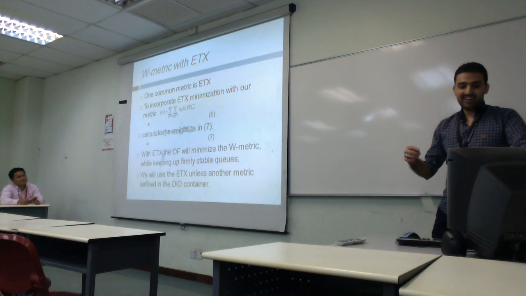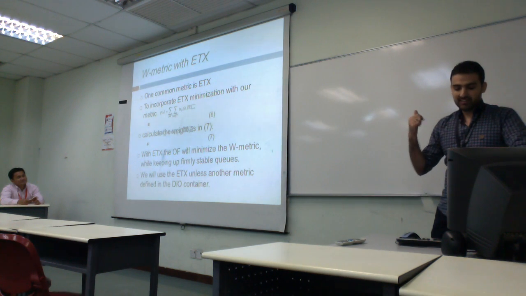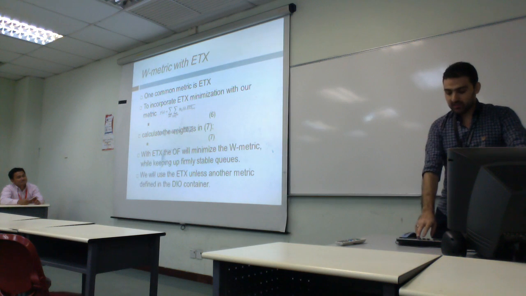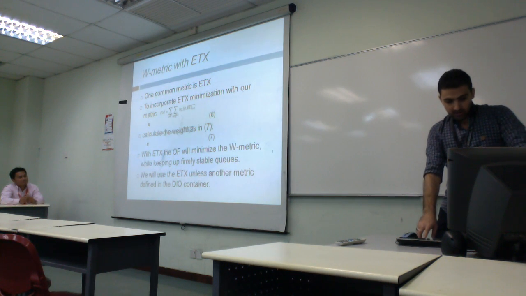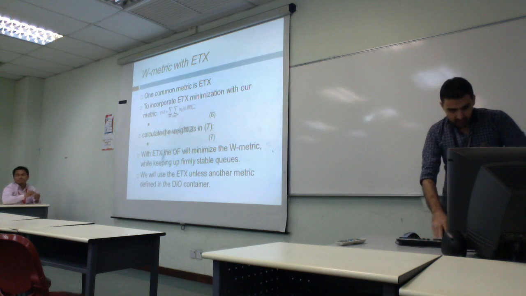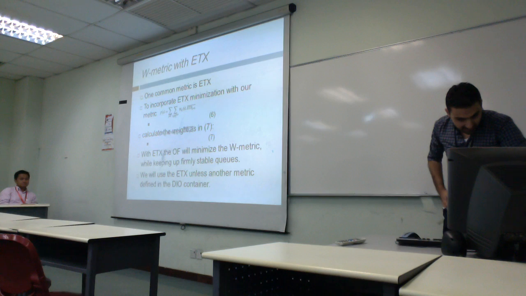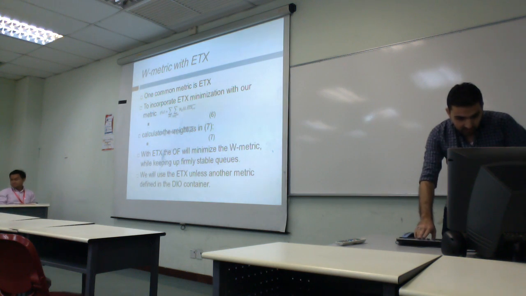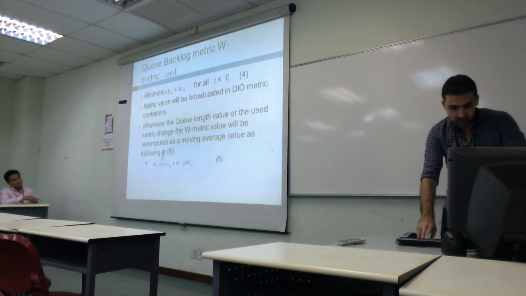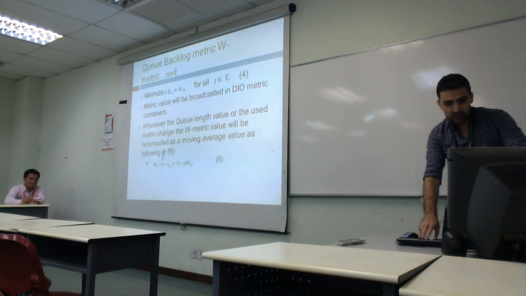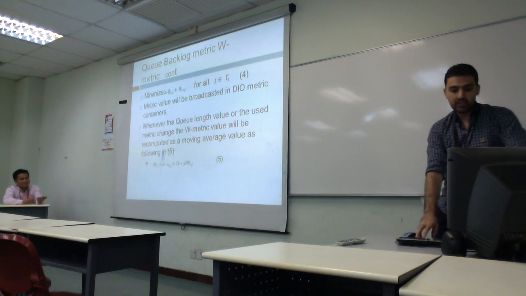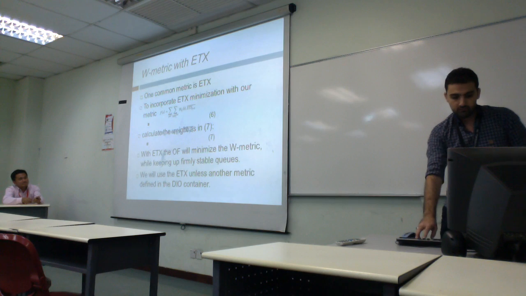There is one commonly used metric in wireless sensor networks for lossy links, which is the ETX. So we can use this metric with our W metric using the equation in 7. Instead of theta_ij, we use the ETX value.